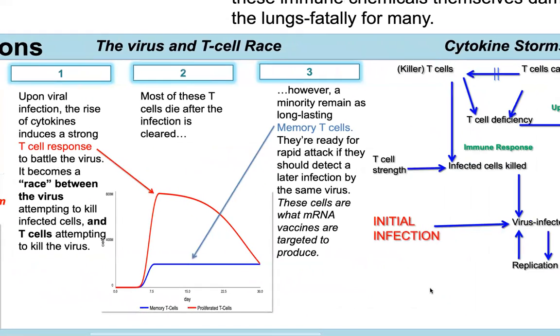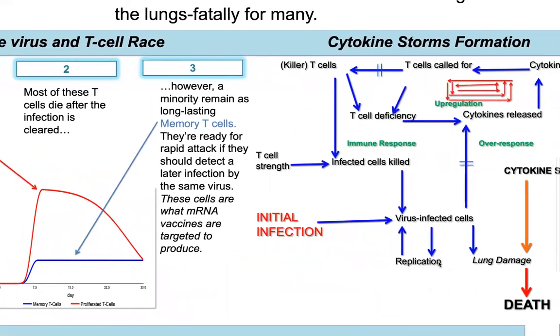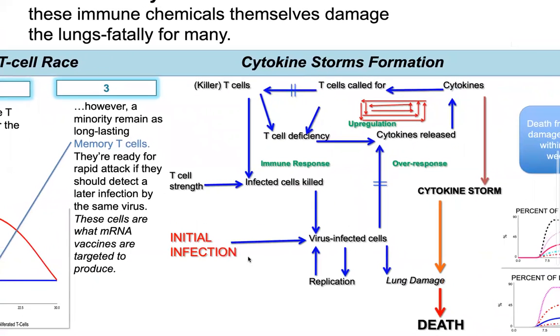To explain how the cytokine storms are generated, we look at an aggregate representation of what could be happening. First, initial infection takes place and the cells are infected and they increase through replication, causing lung damage.